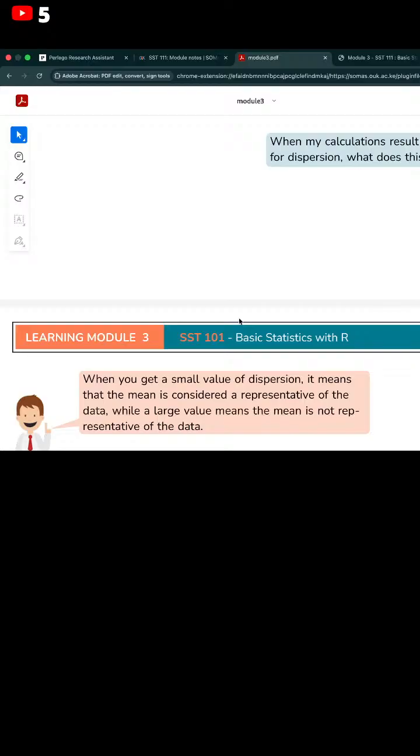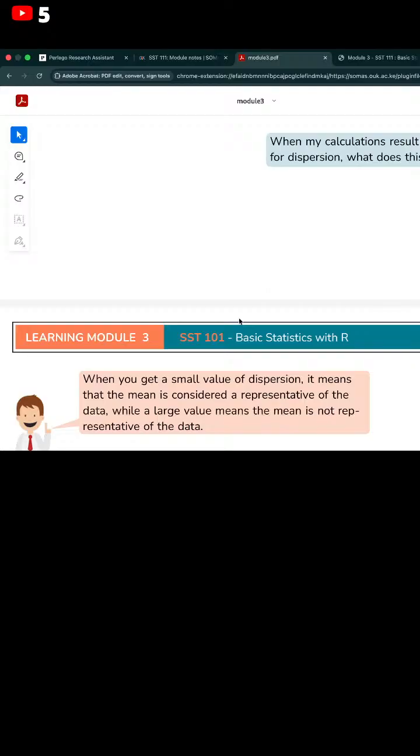Also we will do skewness. Skewness is under measures of position, so we'll just do the four on absolute dispersion: range, mean deviation, variance, standard deviation.